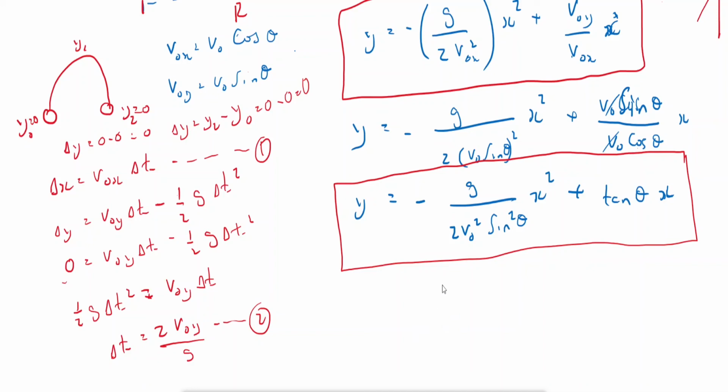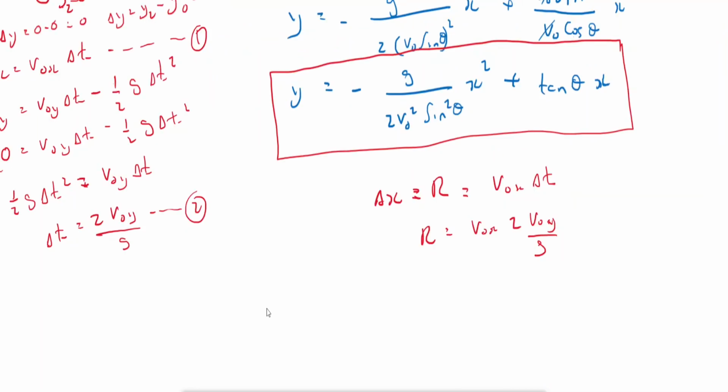All right, so I'm just going to substitute whatever I have in equation 2 into equation 1. Therefore my delta x, which is the range, because I'm calculating it from y0 to y2, is the same as the range, and that is equal to v0x delta t. So where I see delta t, I put 2 v0y over g.